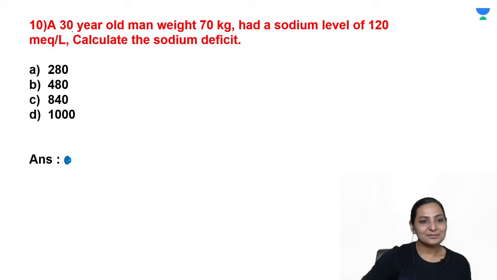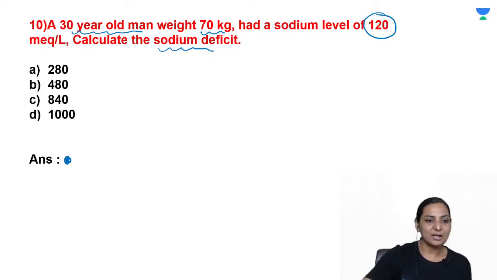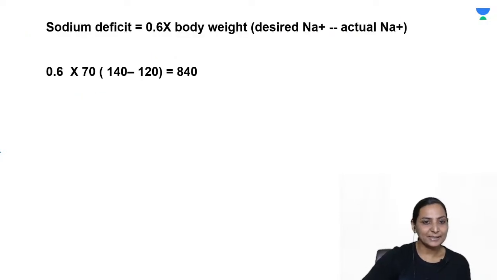Right. A 30-year-old man having a weight of 70 kg with a sodium level of 120 milliequivalents per liter, calculate the sodium deficit. Again, there are fixed formulas for calculating sodium deficit, boys and girls, right? So the correct answer over here is C, that is 840. And how did I get it?